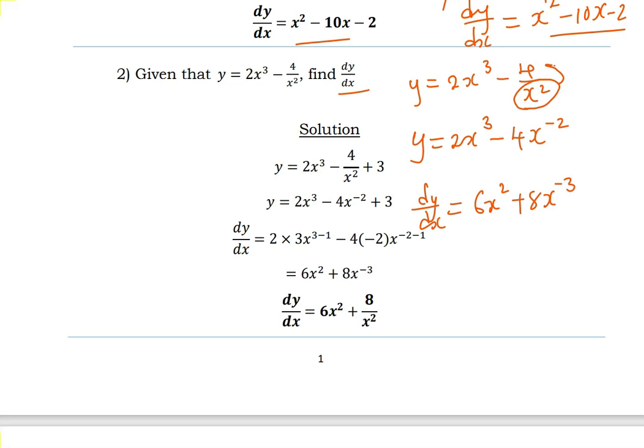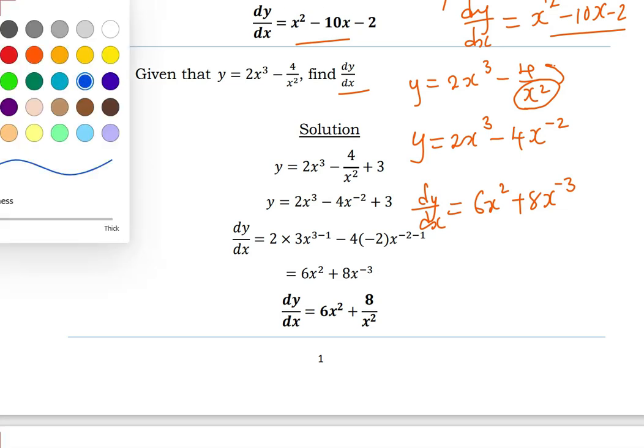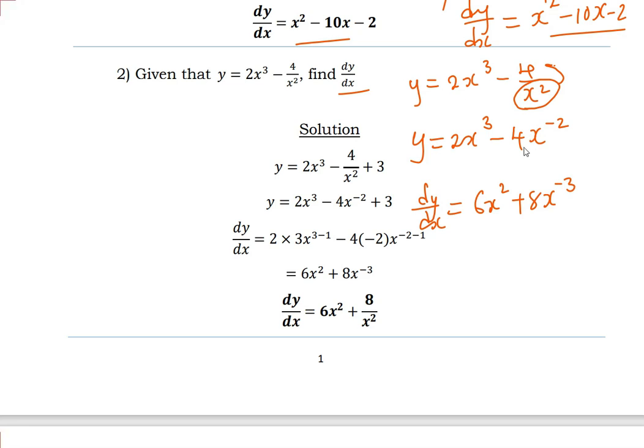So look at this. Let's break it down. What has happened here? We just said y, should I say dy dx? I want you to see very carefully. dy dx is equal to 2 times 3x power 3 minus 1.